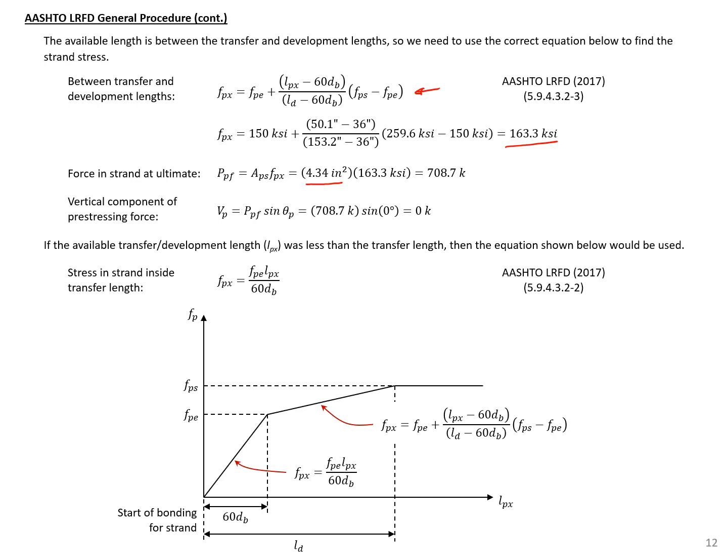So 4.34 times this 163.3 will give us a total pre-stressing force of 708.7. So if we did have harped or draped strands, then we would need to plug that value into our V sub p component. Here we don't, so we're going to get 0 vertical component in our pre-stressing force. But again, I just wanted to show you how it's done in case you do have harped or draped strands.